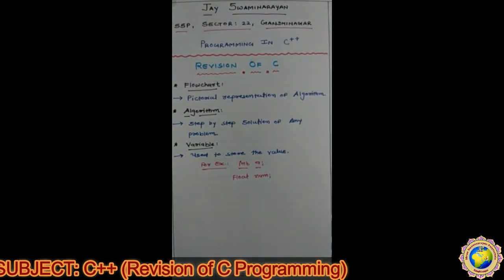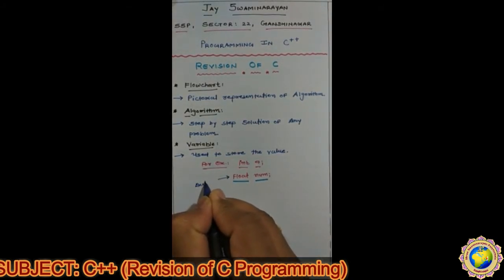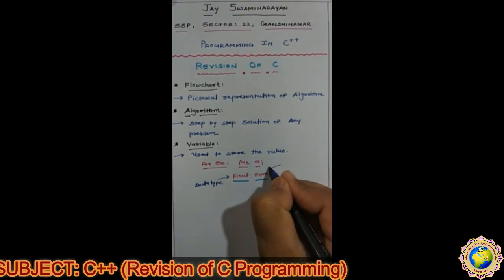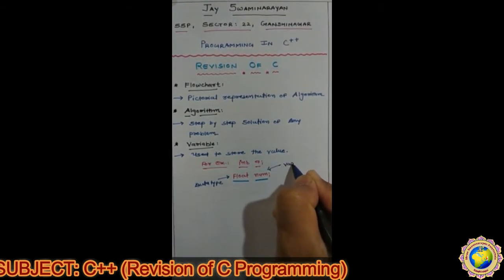Here float is a data type and num is a variable. You can say that this is the data type and this is the variable.